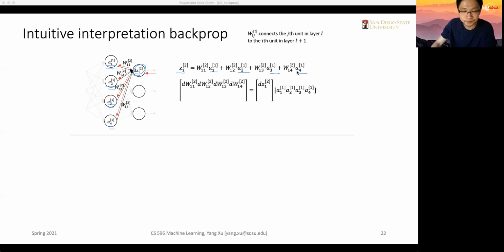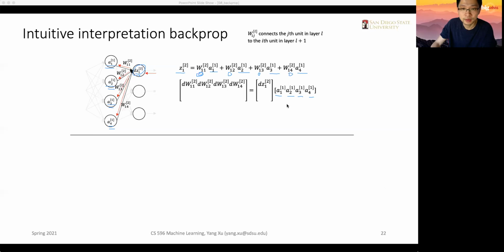So when we want to compute the gradients of all the parameters here, W11, W12, W13, and W14, we need to consider A1, A2, A3, and A4 because they multiply together.